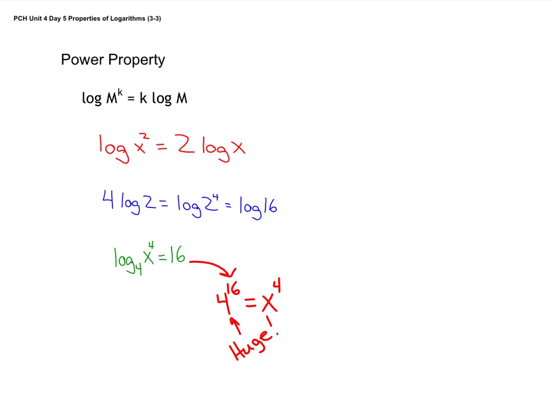All right, so we talked about those two properties. Here's one other property. This is the one that Kate mentioned earlier. Okay, and this is when you have a power. All right, we have the log of m to the k power. Now remember, we're talking about exponents. What did you get when you were raising a power to a power? What did you do with your exponents? You multiplied them. So guess what?